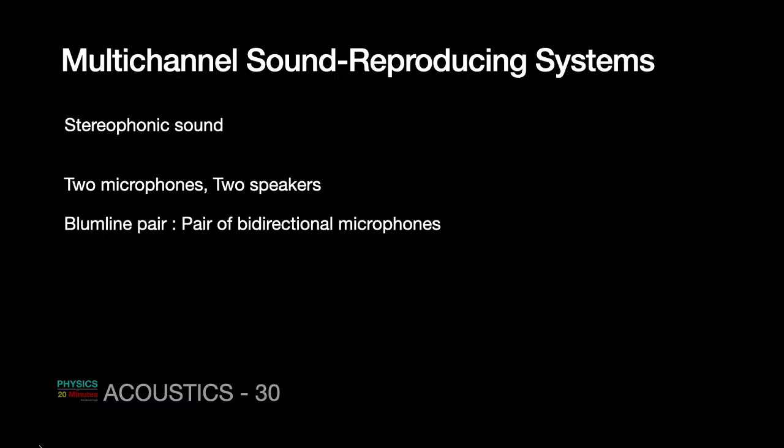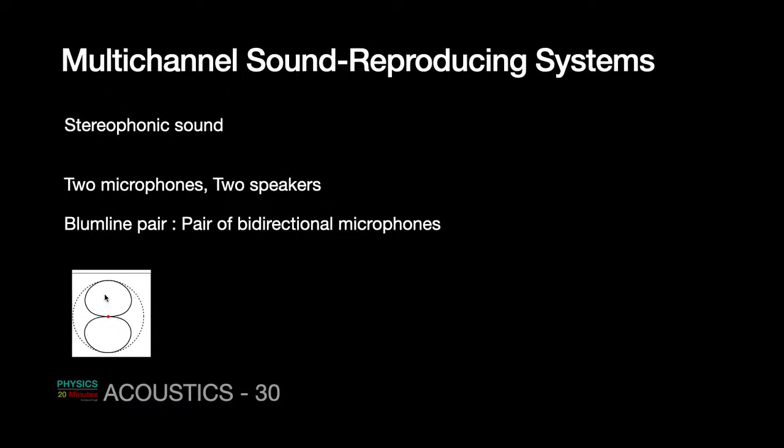One of the most popular possible combinations is the Blumlein pair, or pair of bidirectional microphones. So two microphones in two different directions. Typically they are kept at 90 degrees to each other. One microphone typically has a pickup pattern of this type, which is a figure of 8 pattern.